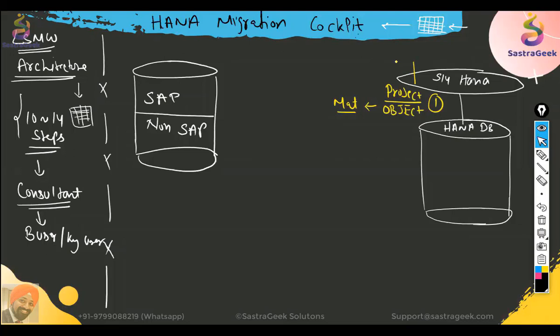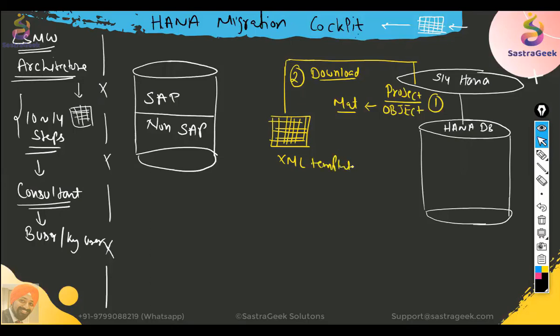Once the first step is completed, in the second step, we would be able to download the XML template of your material master, which can have multiple tabs in it, where basically we need to update the different sets of data.